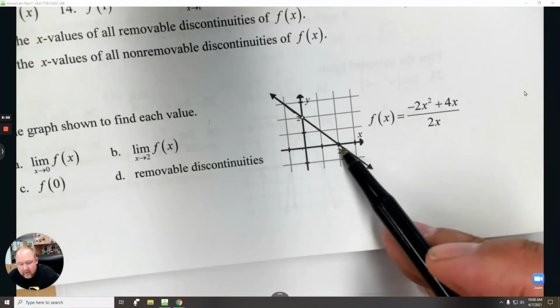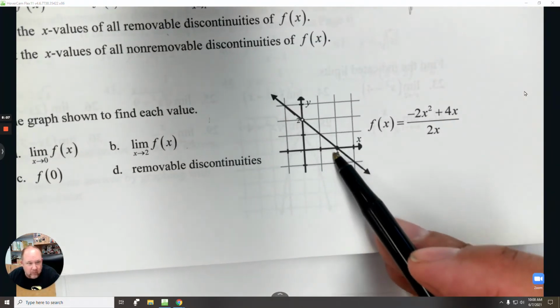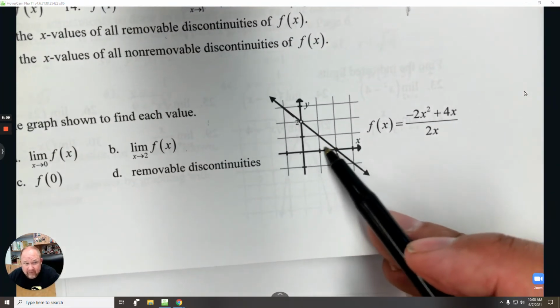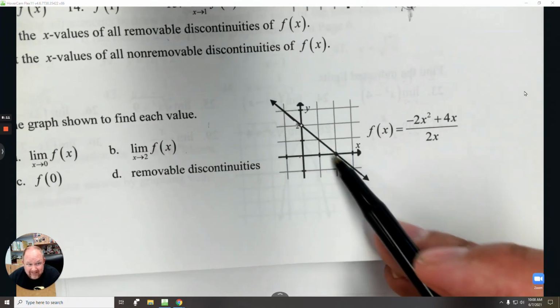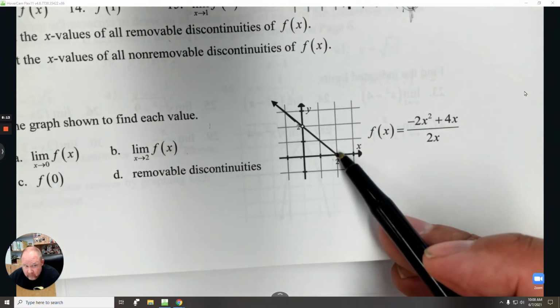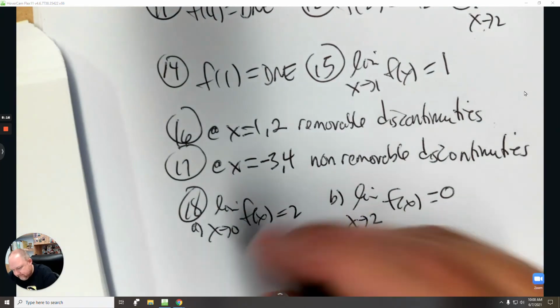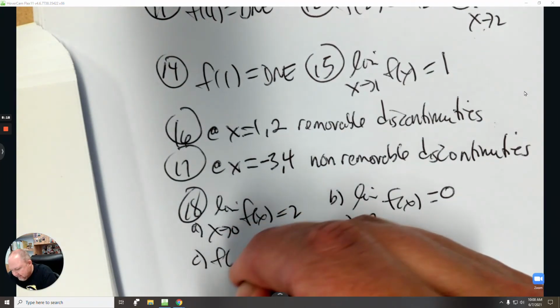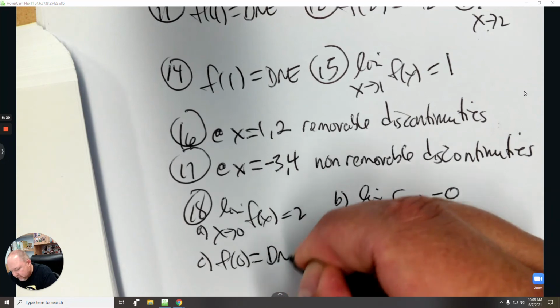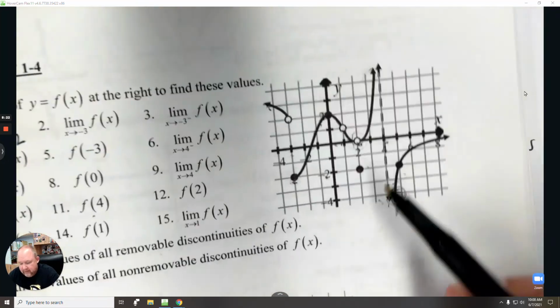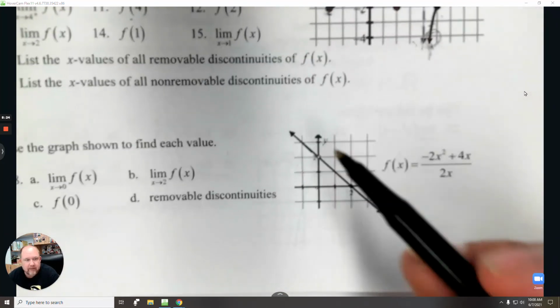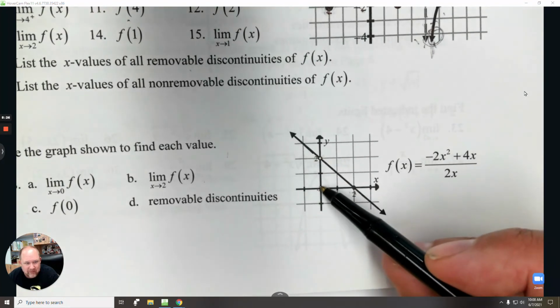So find +2. The limit is the y value, so it's approaching. There's not even a discontinuity. So if it's continuous, it's just the function value, which is 0. What's f at 0? There's a hole there, so it doesn't exist because there's a hole. There's a hole there when x is 0.